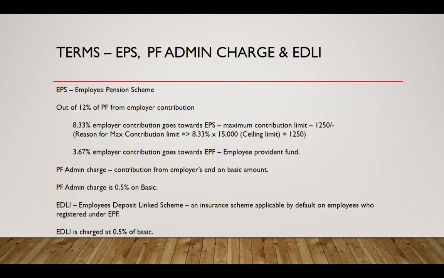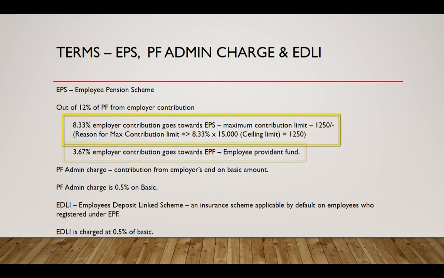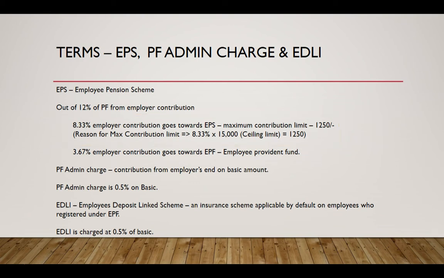Now there are a few things you are required to know regarding the employer's contribution in Provident Fund. When the employer contributes 12% of basic towards Provident Fund, out of that 12%, only 3.67% goes towards Provident Fund, and the remaining 8.33% is contributed towards EPS, which is the Employee Pension Scheme.